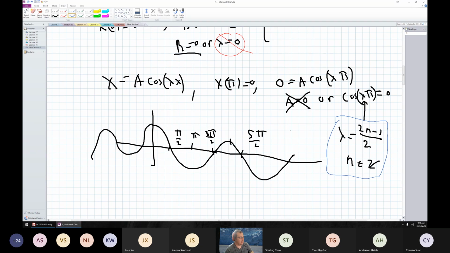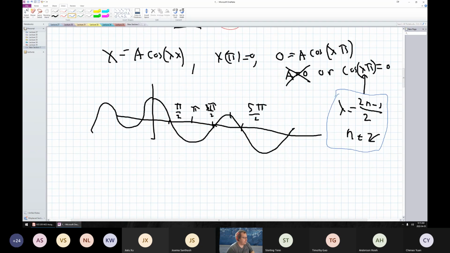If I just plugged in n, I would have n pi over 2. So I would have this first one, pi over 2, but then I would also have 2 pi over 2. Well, cosine of pi isn't 0. So I can't do it this way.